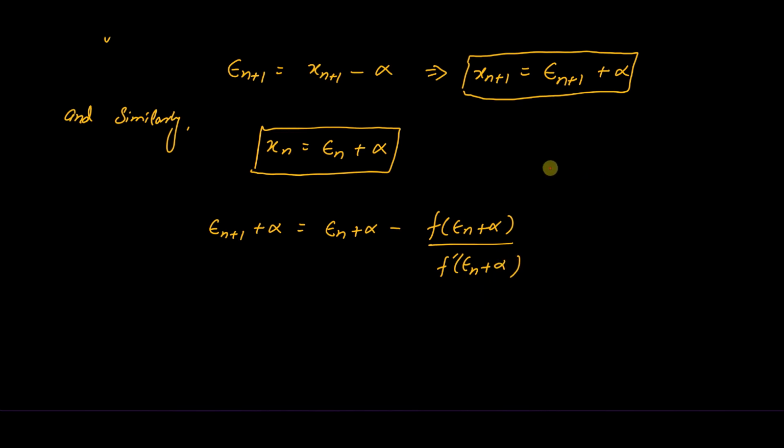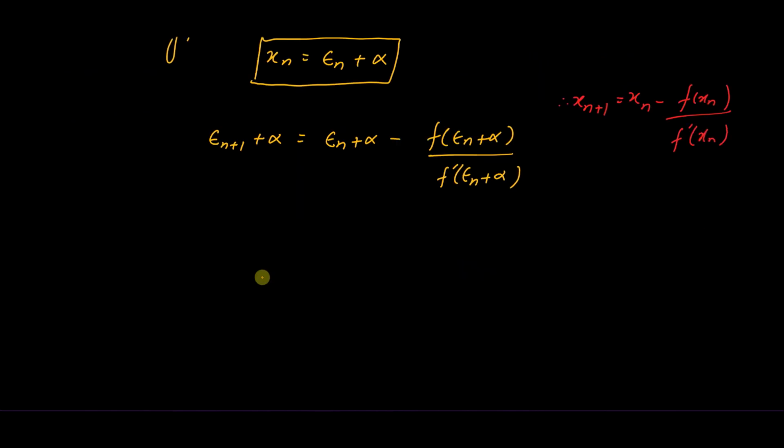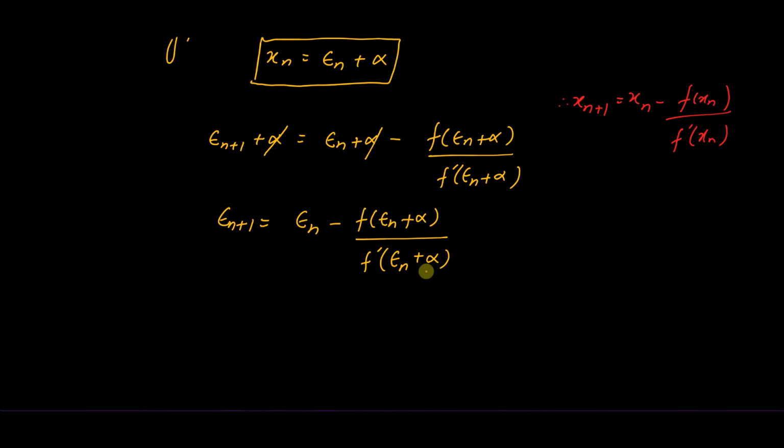We just simply substitute in our generic formula, x_{n+1} = x_n - f(x_n) / f'(x_n). Now we are just going to simplify it. So we cancel alpha on both sides, and we are left with epsilon_{n+1} = epsilon_n - f(epsilon_n + alpha) / f'(epsilon_n + alpha).